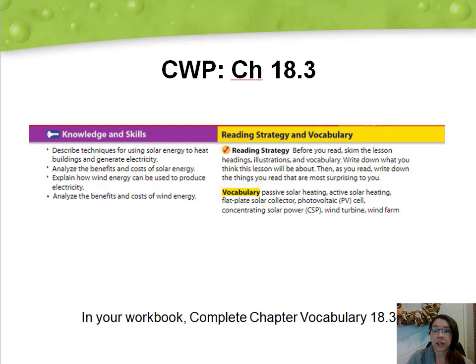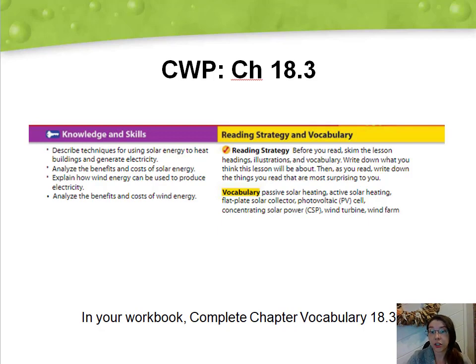Before we get started, of course, we want to start with vocabulary, just getting used to the terminology we're going to be using in the chapter. So we are going to be looking at passive solar heating, active solar heating, flat plate solar collector, photovoltaic or PV cell, concentrating solar energy, or solar power, CSP, wind turbine, and a wind farm.